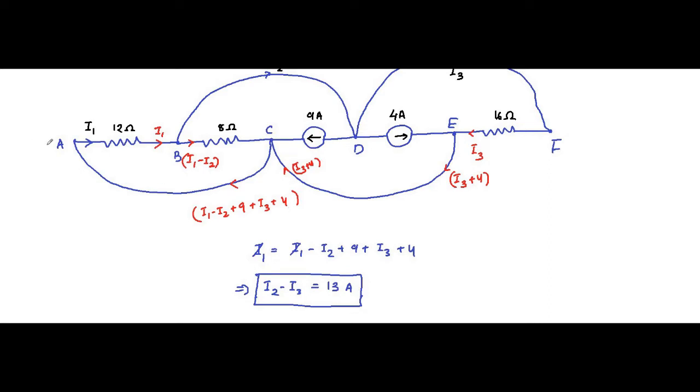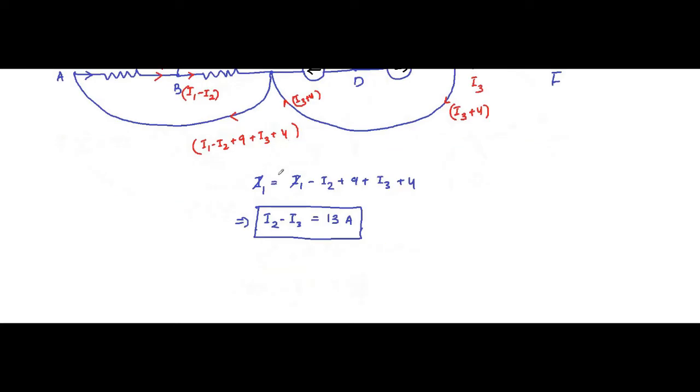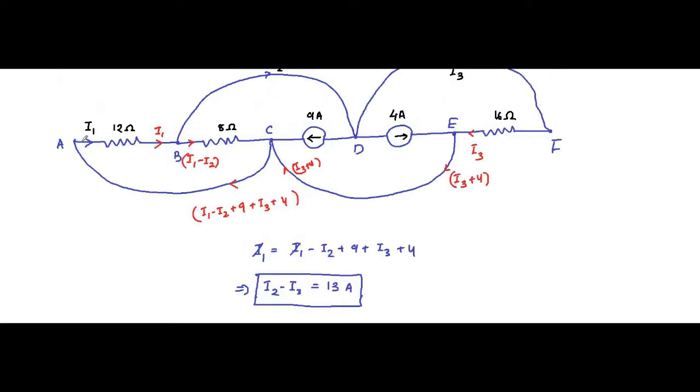Then let's apply KVL in the loop A, B, C, A. For that we have to assign the polarities, plus and minus. Let us assign the other polarities as well at a time. I3 is flowing in this direction, from right to left, that's why the polarity is like this.